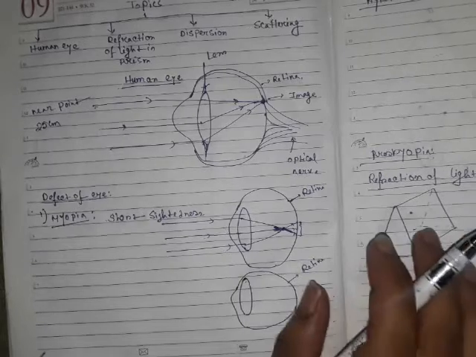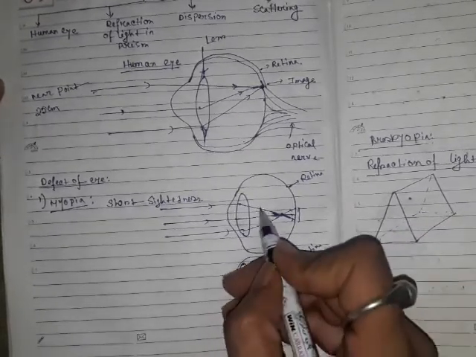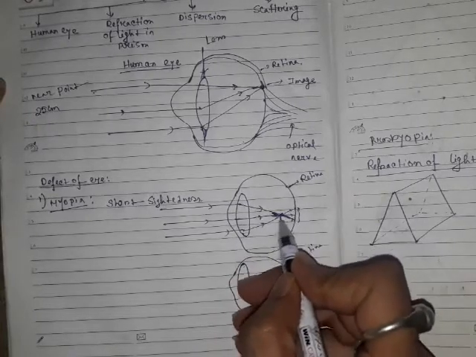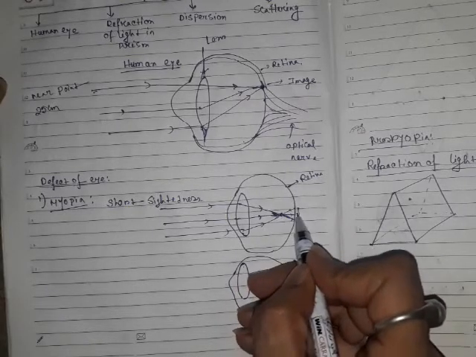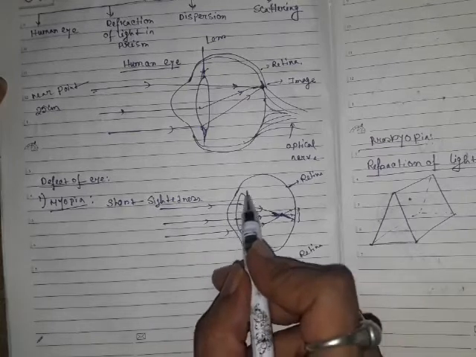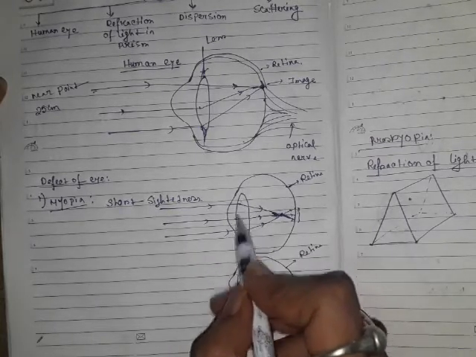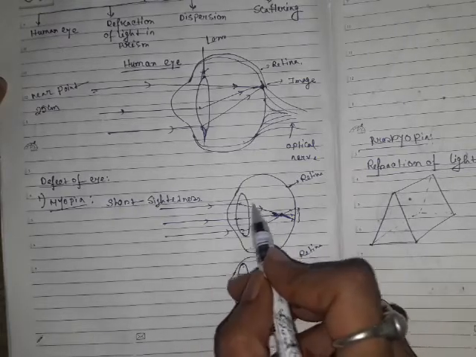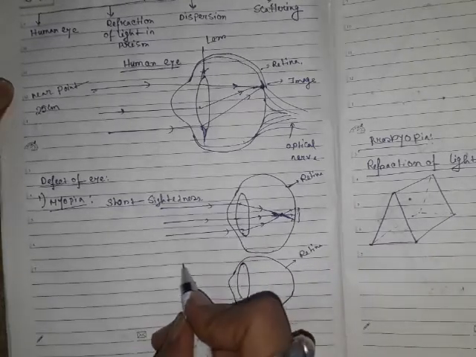The light is being focused in front of the retina, so we have to put the image on the retina. That means we have to do something so that the lens of our eye, after making these rays converge, will create an image on the retina. So how can we do that?